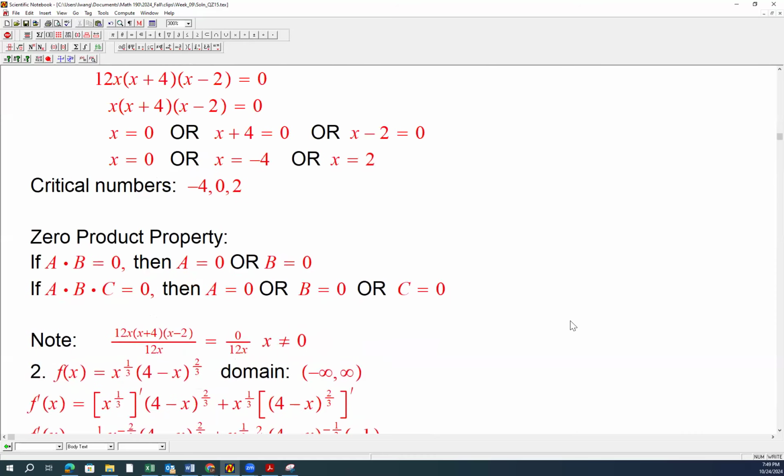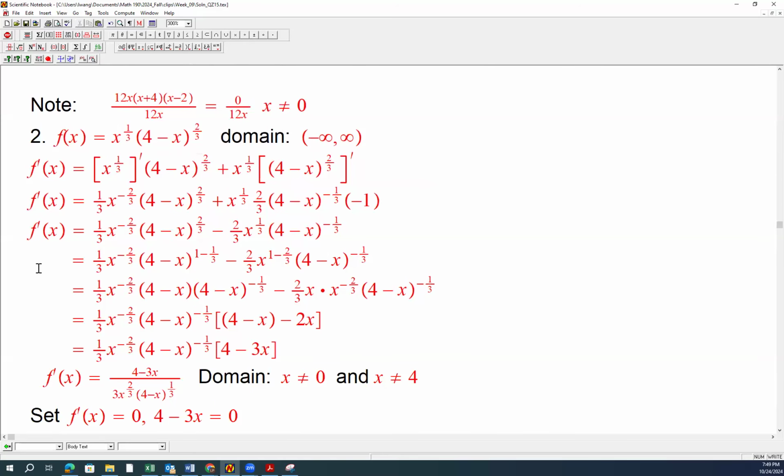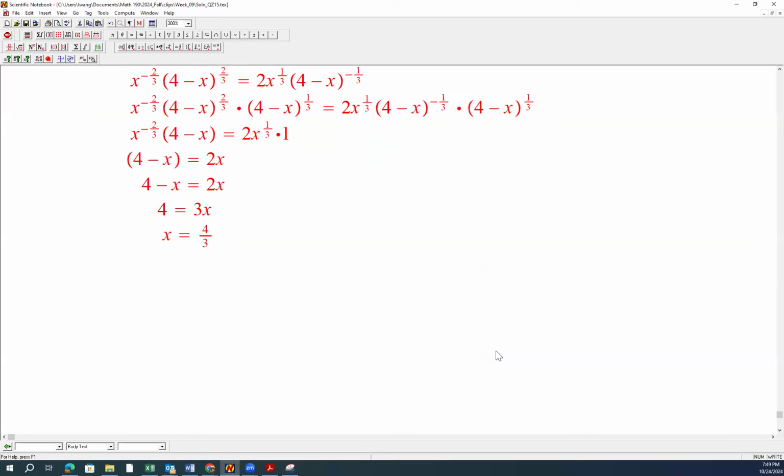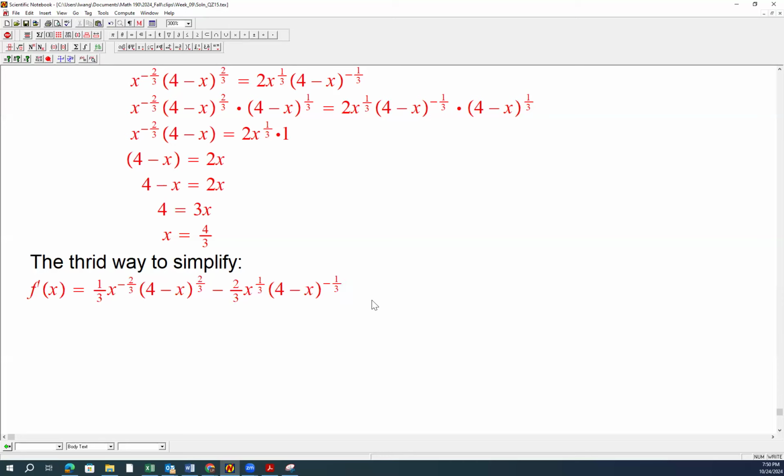Okay, so let's look at another way. I call it the third way to do it. The third way to simplify the derivative is to use the radical form, the root form, all right?